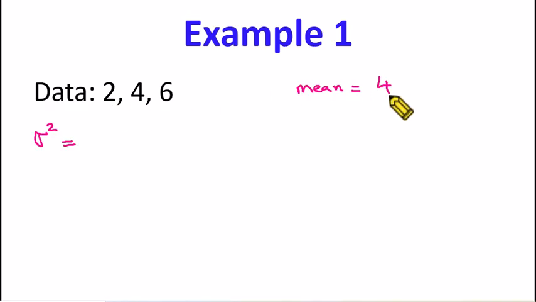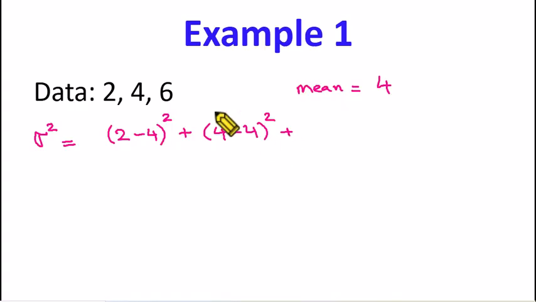And we're going to square each of those differences. And we're going to add up those squares. So we're going to have 2 minus 4. That's the first difference. And we're going to square this difference. Then we're going to have 4 minus 4 squared.